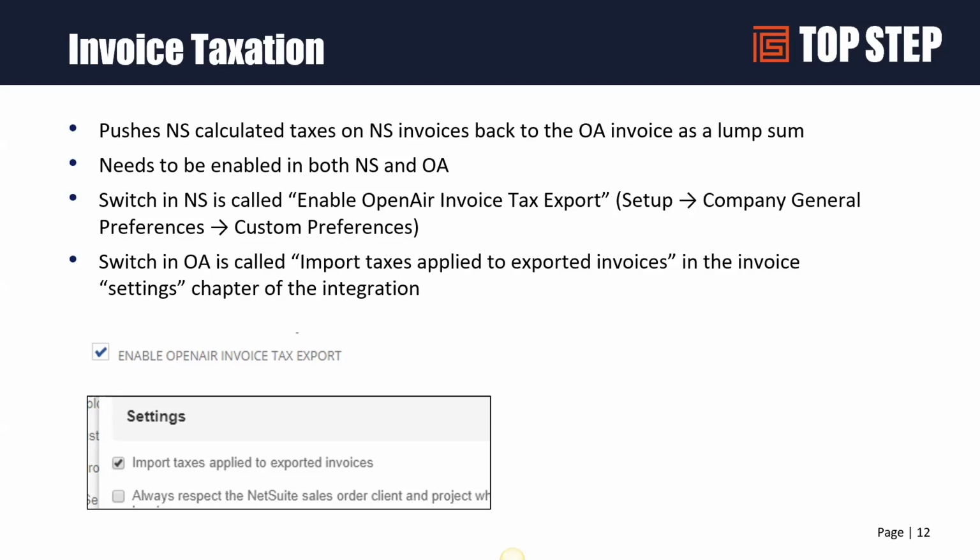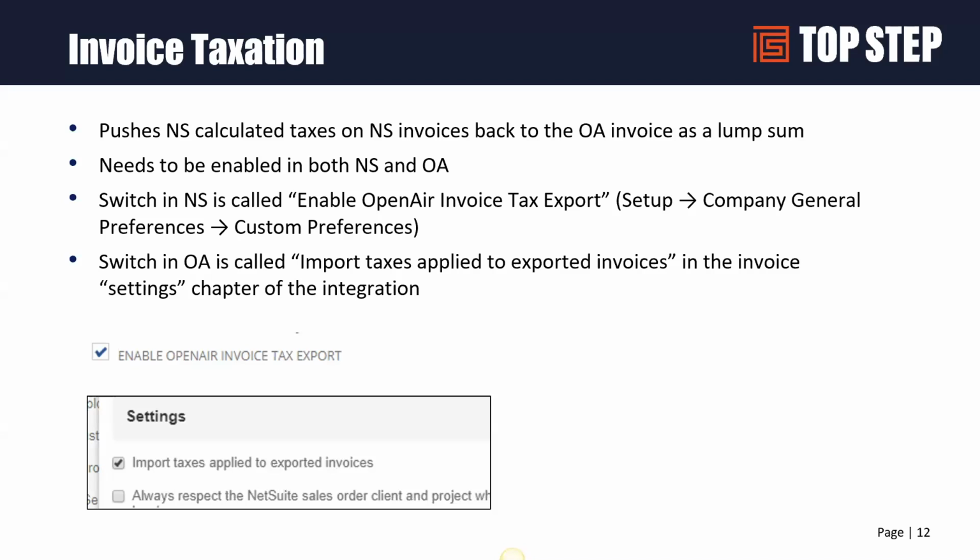There are scripts that the bundle installs in NetSuite to copy that tax to a field that then gets sent immediately back to the invoice. So the invoice in OpenAir will not have a tax. It will get exported, and through the export process, the tax will be immediately written back to OpenAir.